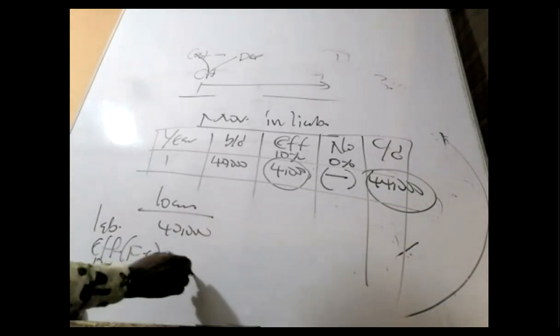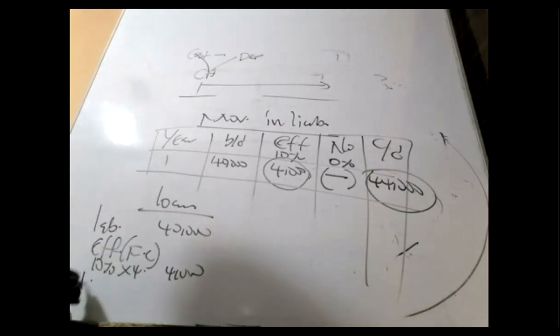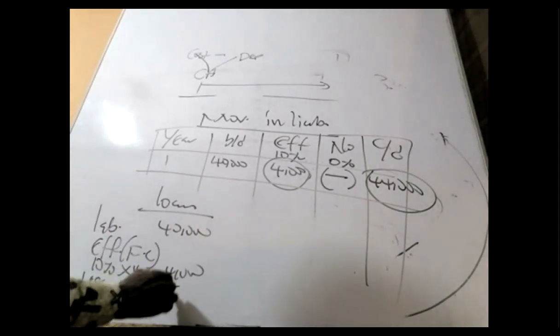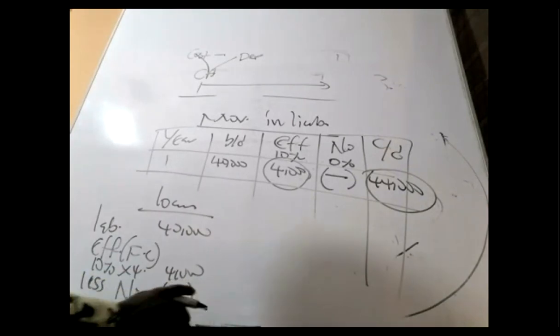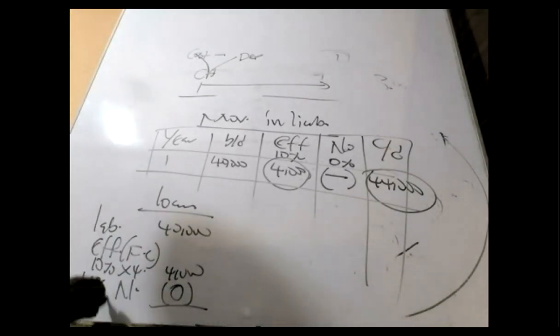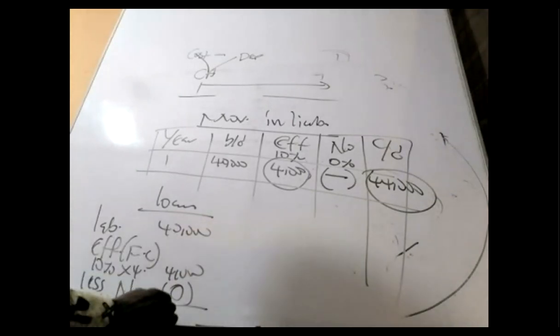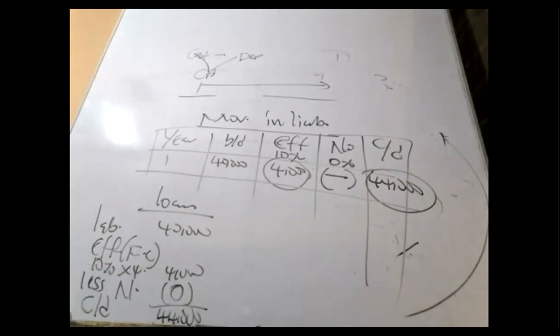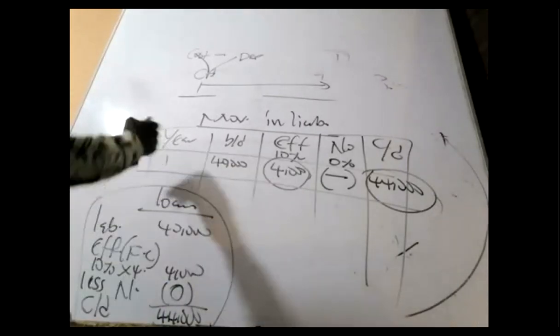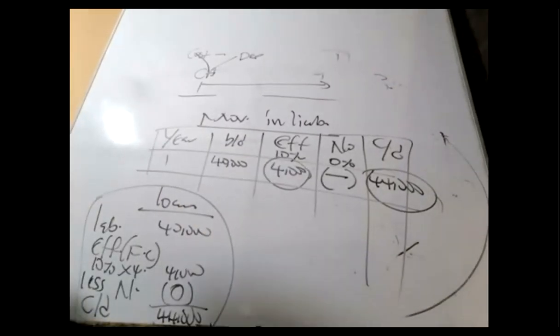You get 4,000. Less nominal interest, here it is 0. Finally, get a closing balance, that's 44,000. That is all. So you can change the format to be like this instead of using a table. Normally, if you're supposed to do all the years, that's why you need a table.